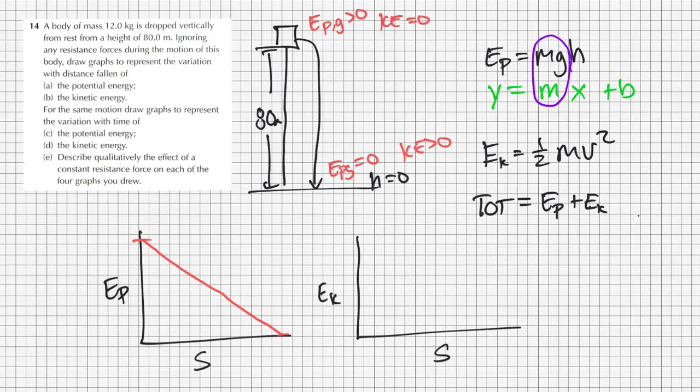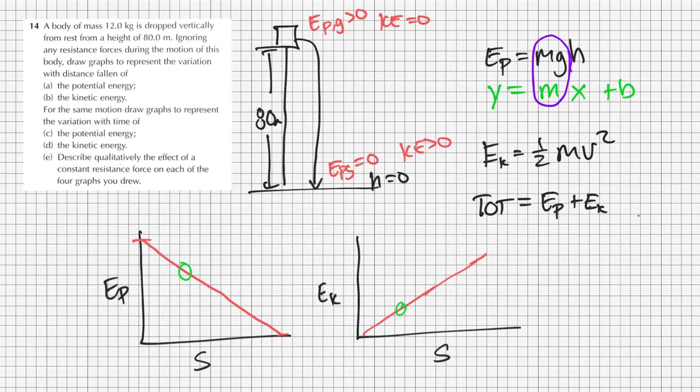And so my graph over here is going to look just the mere opposite, because this value here plus this value here would need to add up to my total. So if my potential energy is being lost at a constant rate based on my height, my kinetic energy is being gained at a constant rate based on my height.